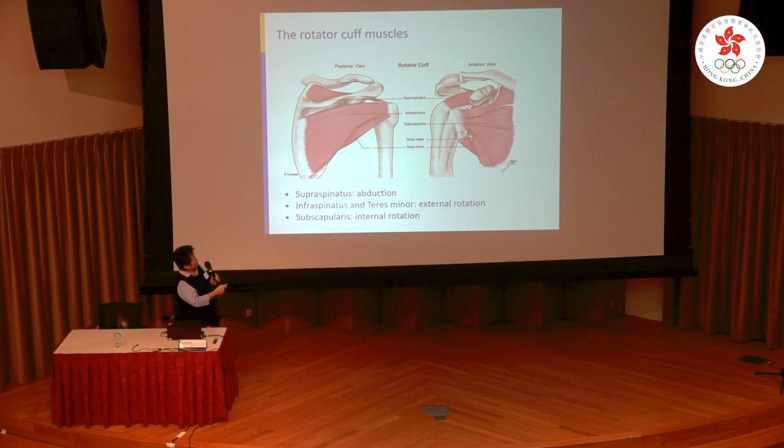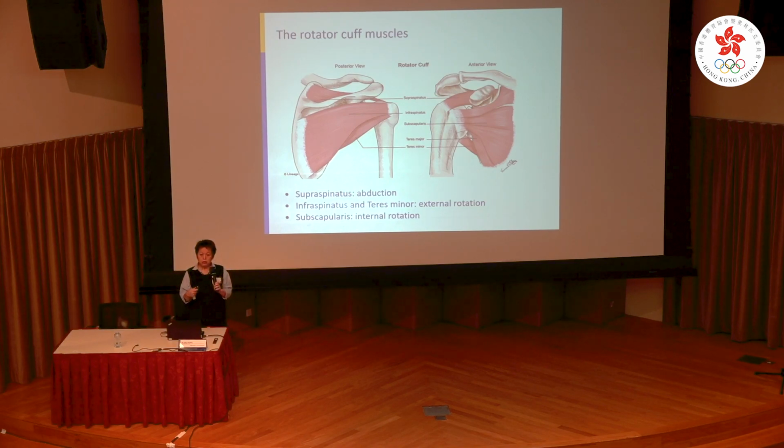So these muscles all have their own different actions. Supraspinatus does abduction, moving in this direction. Infraspinatus and teres minor move the arm into external rotation, and then you have subscapularis, which moves it into internal rotation.